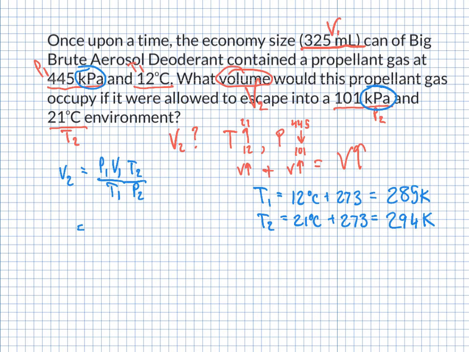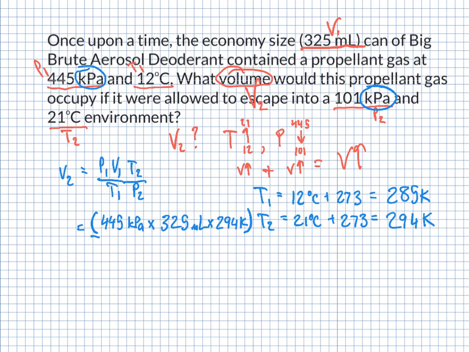So now I have my temperatures, so I can plug everything in. Now notice I have 3 things in the numerator and 2 things in the denominator. You can write these numbers down correctly, but if you do not put them in the calculator correctly, you will not get the correct answer. So I'm going to write it down the way you should enter it. Open a parentheses, your first pressure, 445 kilopascals, times your volume, 325 milliliters, times your second temperature, 294 Kelvin.